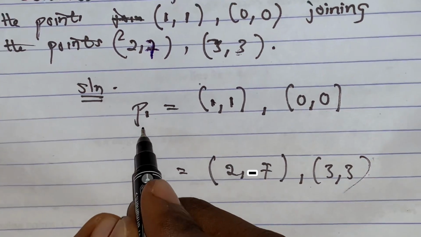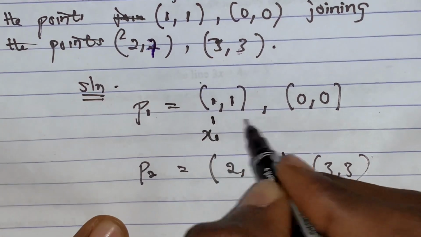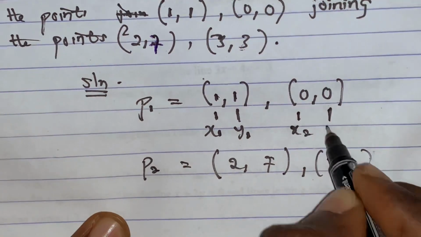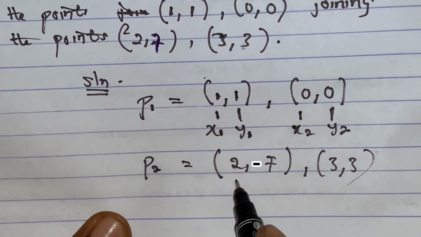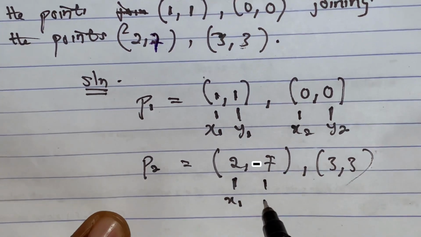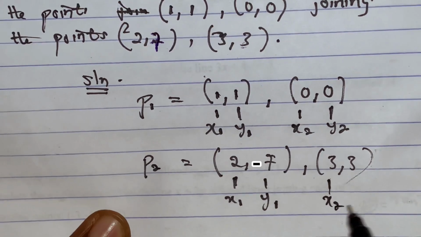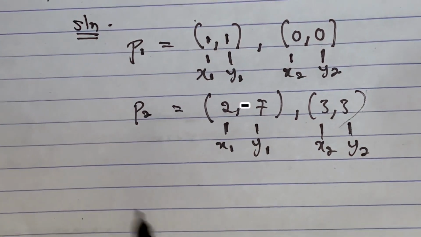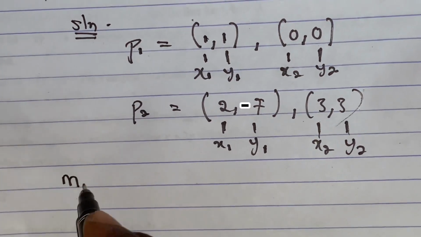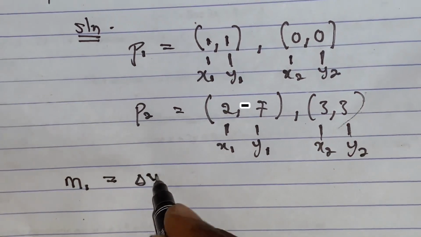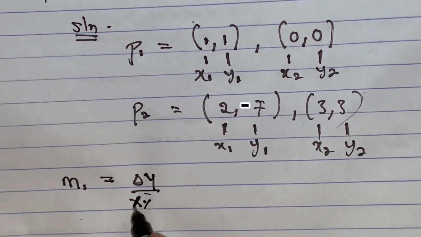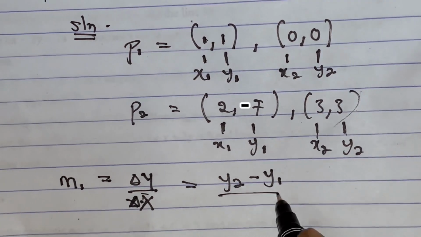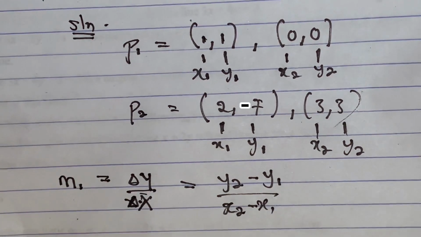So now from the first pair of points, this is x1 and this is y1, this is x2 and this is y2. And from the second pair of points, this is x1 and y1, x2 and y2. Since we are given points, we are going to use m1 equals change in y divided by change in x, which is y2 minus y1 divided by x2 minus x1.